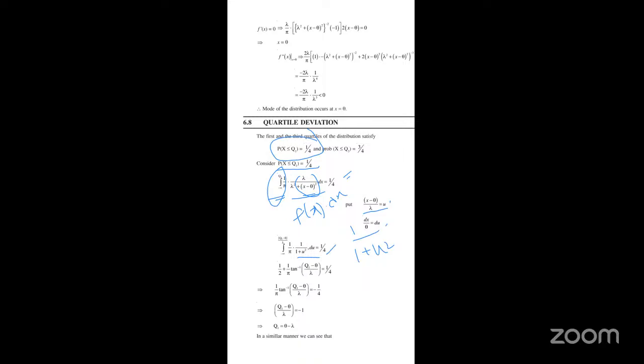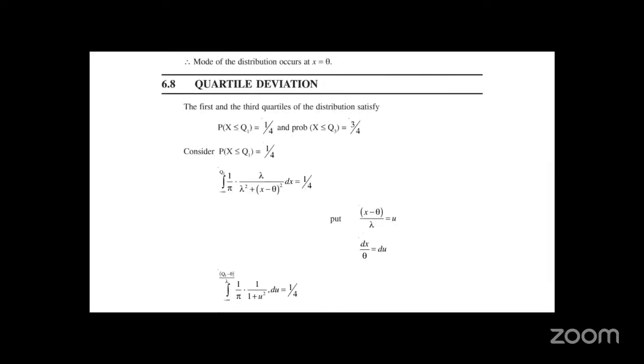We change the upper boundary to q1 minus theta by lambda. Using the tan inverse formula, this becomes 1 by 2 plus 1 by pi into tan inverse of q1 minus theta by lambda, which equals 1 by 4.